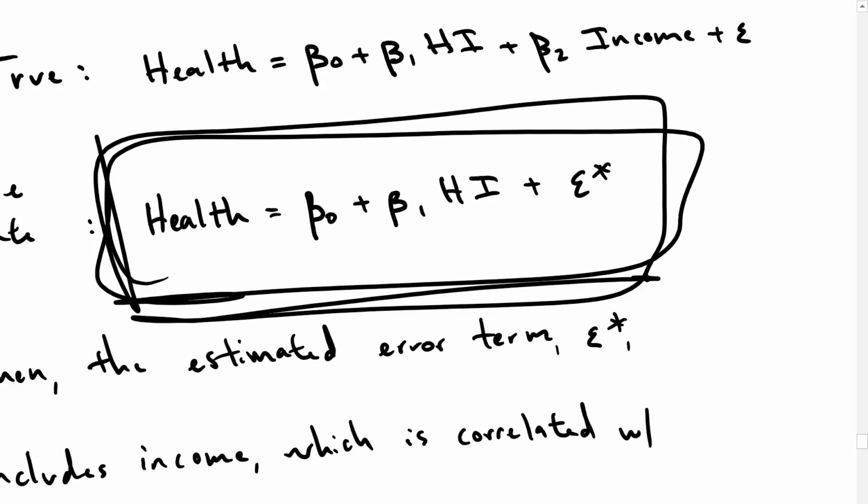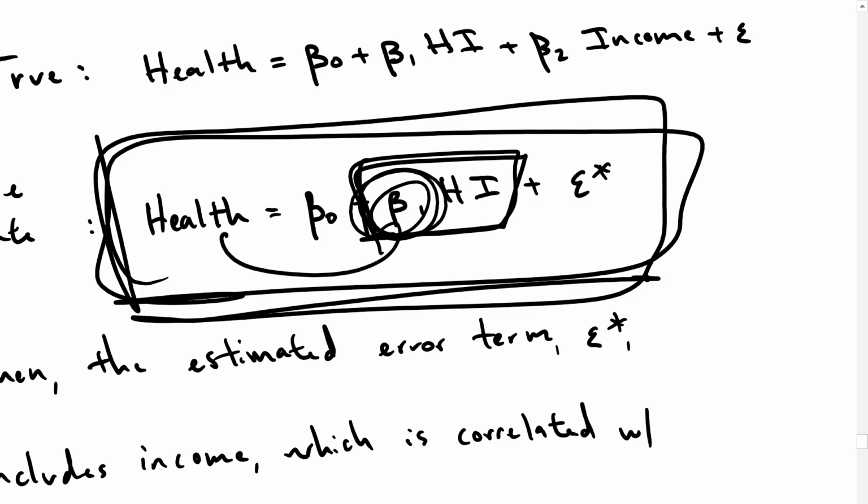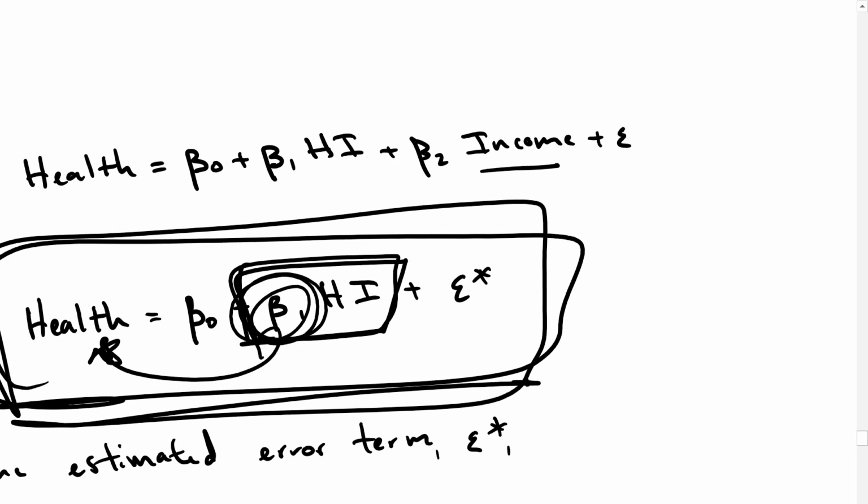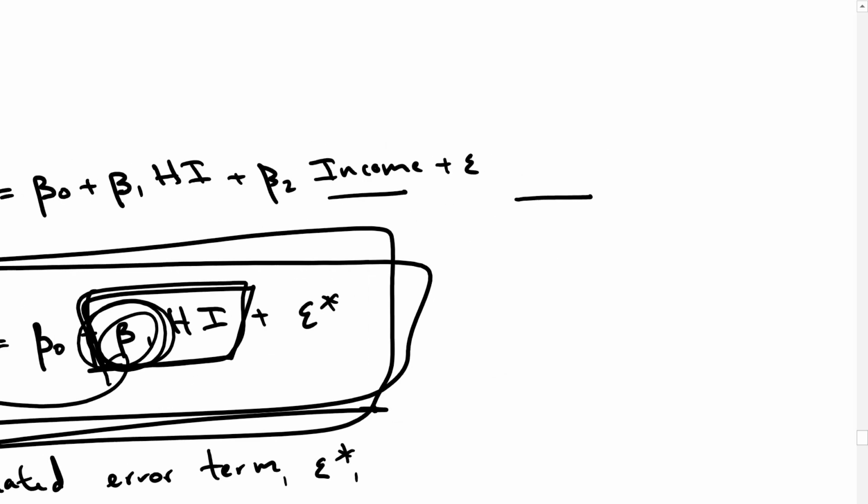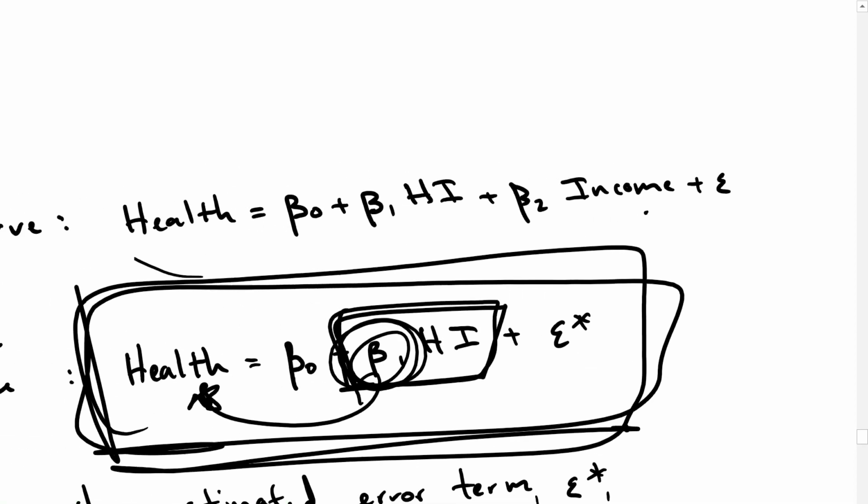So if we leave those out, it's going to attribute all of that to beta 1 instead of only the health insurance part. So that's why it's really important when you're doing causal econometrics. Yes, you might have your relationship of interest, your beta 1, that's what you're trying to find out. Does health insurance affect health? But to do that, you need to include income, you should include age, demographic variables, economic variables, as many extra control variables as you can think of that also might affect health.